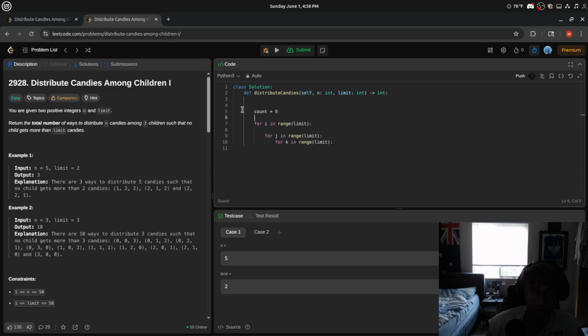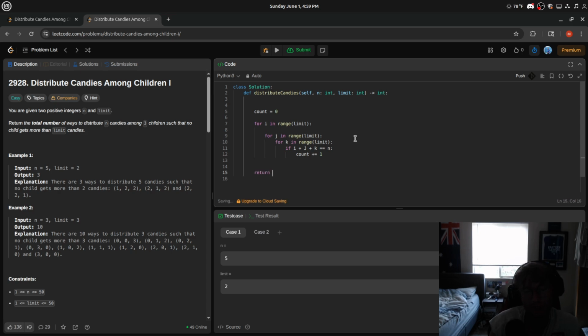Or do I create the tuple outside of here? I'm not sure. If i plus j plus k is equal to n, then we increase the count.